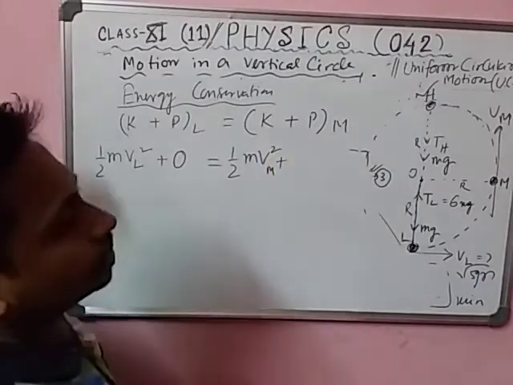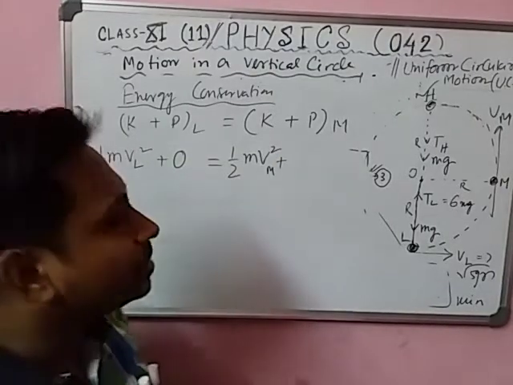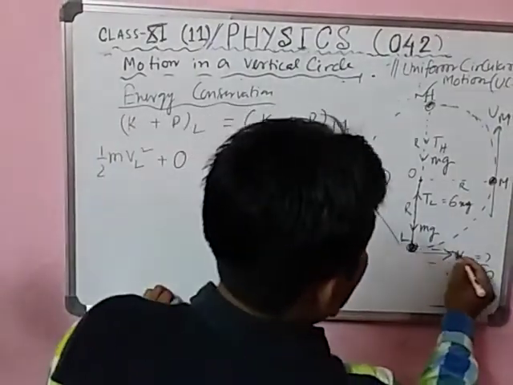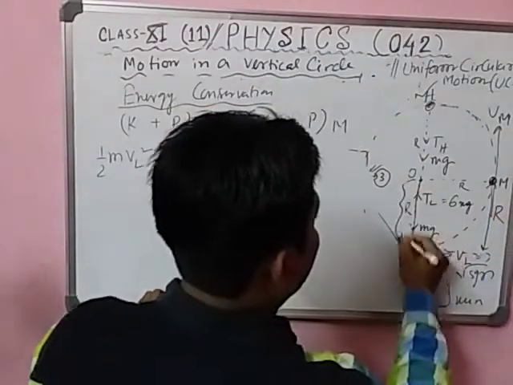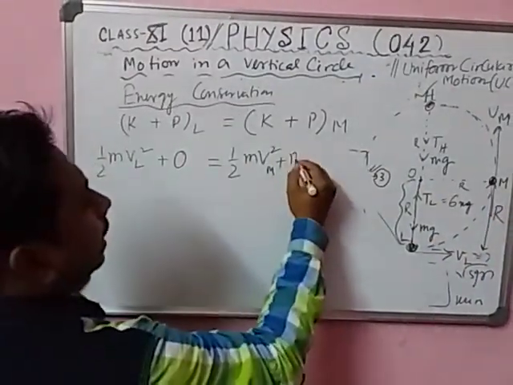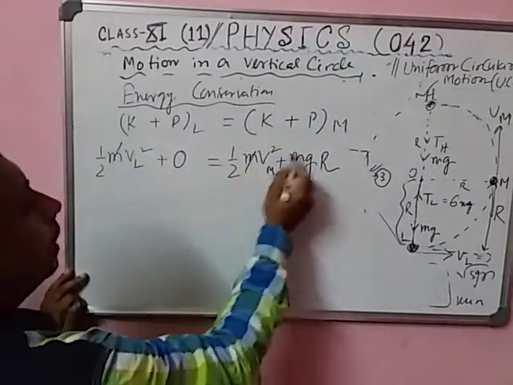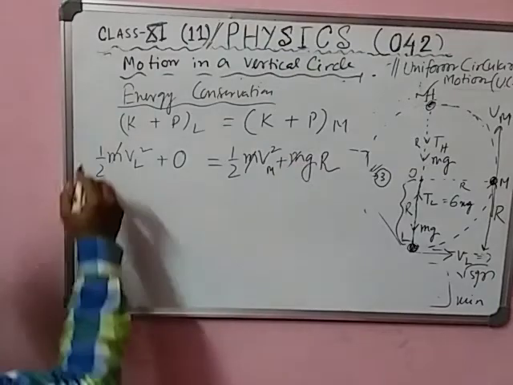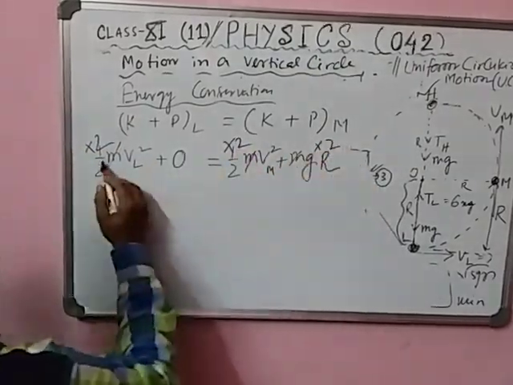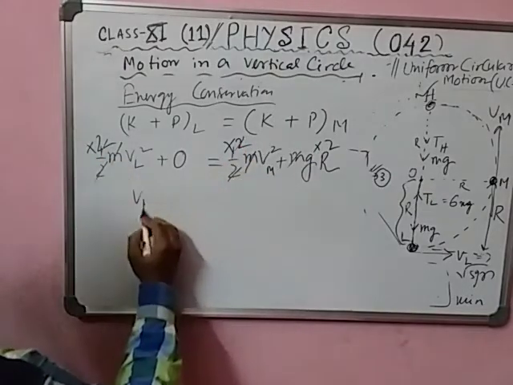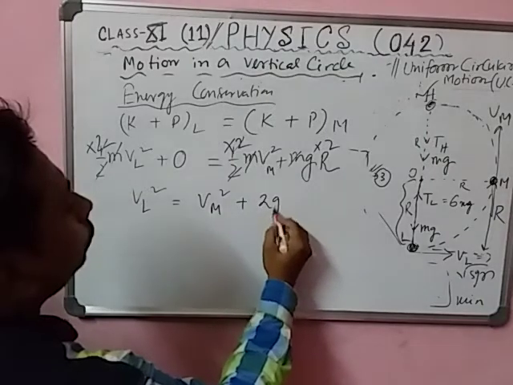Now you tell me the potential energy, how much? Potential energy is mgh. Here the body travels from this point to that point, the height means r. So you can write mgr. m cancels, multiplied by 2, 2 cancel, 2 cancel. So VL square equals Vm square plus 2gr.